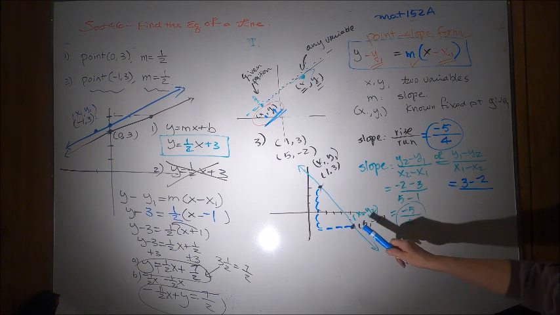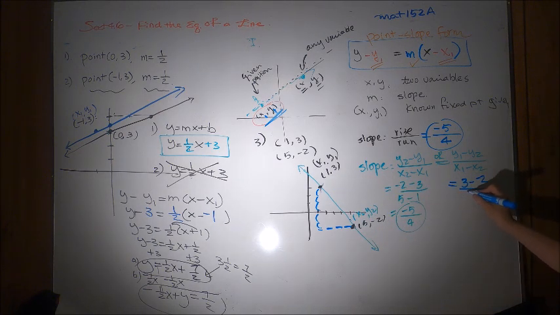Or x1 minus x2, that will be 1 minus 5, right? So 3 minus -2 is +5. 1 minus 5 will be -4. Are they the same? Yes, -5/4. You can use either one, or you can just count it as rise over run to get your slope.